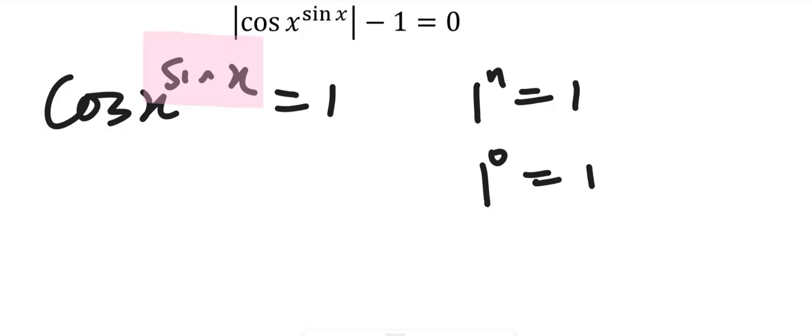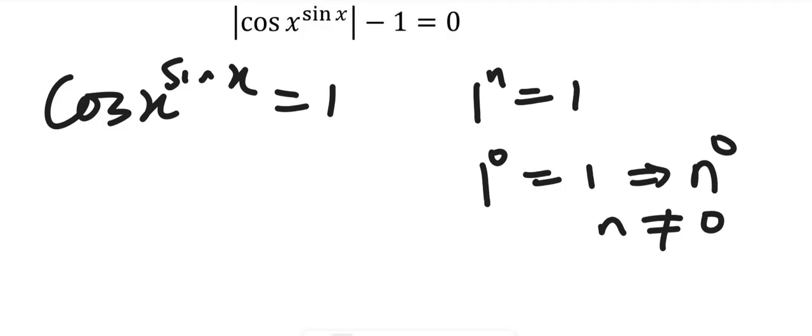That should give 1. If you equate the power to 0, the base can be any number except 0. So this is still the same thing as saying n to the power of 0, but n is not equal to 0. Very important. So the power will be equated to 0.